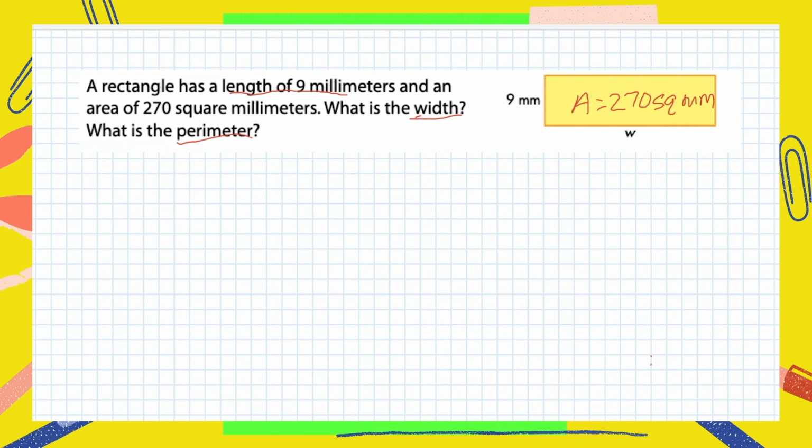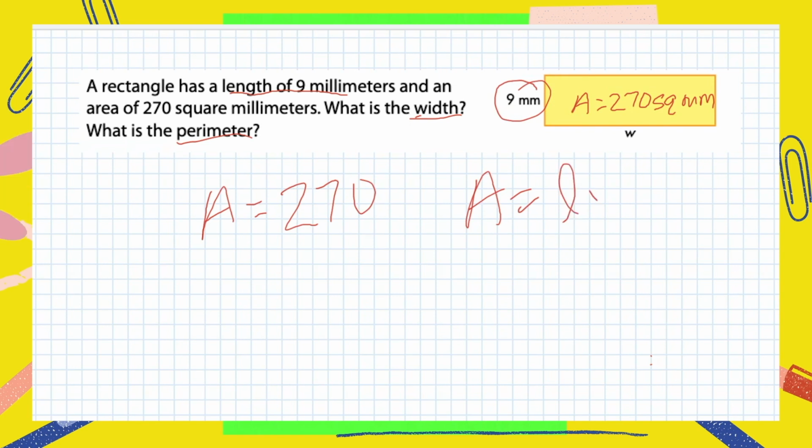Okay, so let's take a look at what we know. We know that the area is 270. And we also know that the length of this figure is 9 millimeters. If the formula for area equals length times width, I know that 9 times W is going to get me 270.